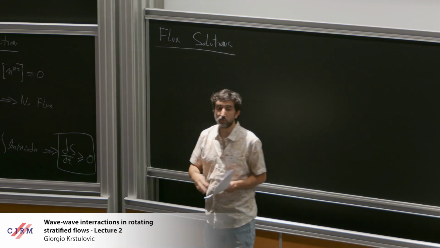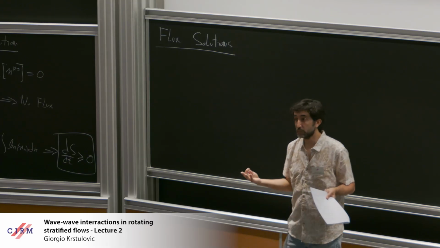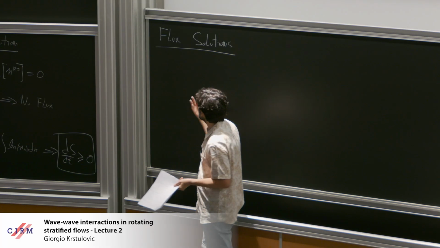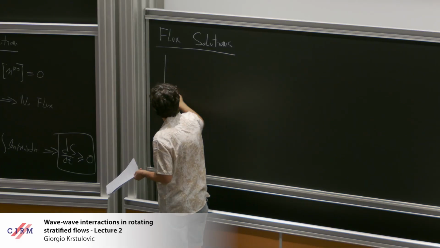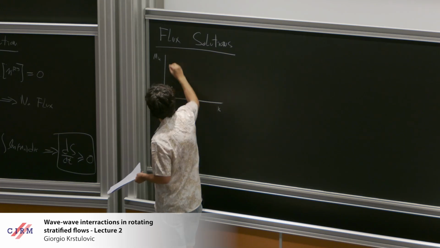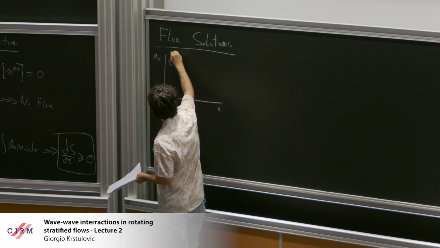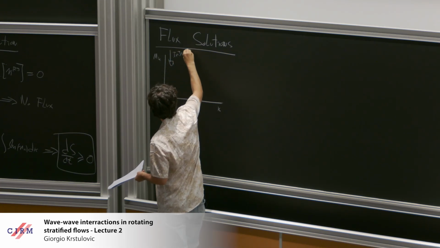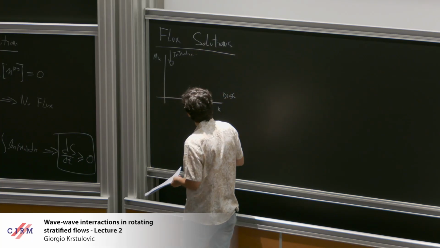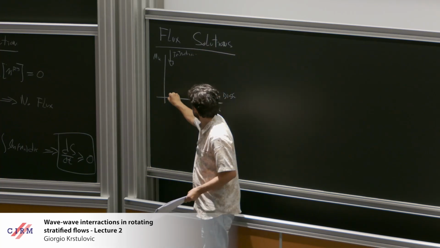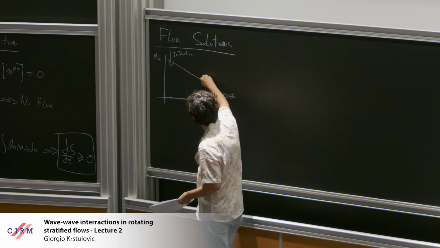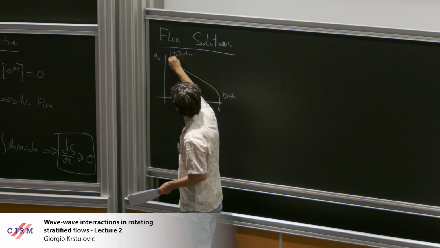So I remind you that we are interested in flux solutions. The idea is to bring in the concept of turbulence. Let's say this is n of k versus k. I will inject energy here and dissipate here. If these are well separated in k-space, you expect to have some kind of power law in between.